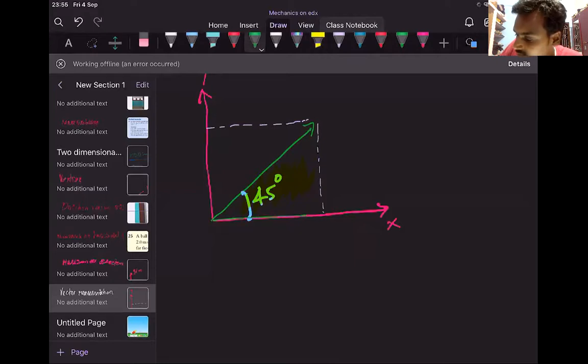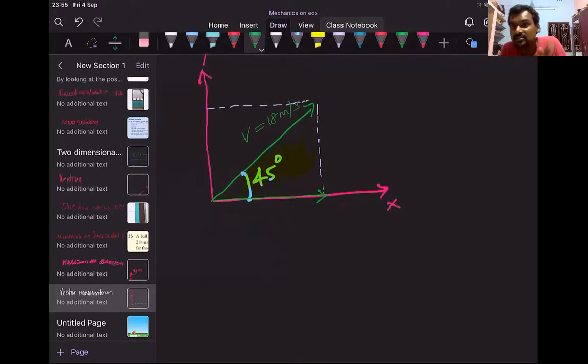That's all I need, because this is V equals 18 meters per second to be precise, and that's acting at an angle with respect to the x-axis, and my goal is to find the velocity across the x-axis and the velocity across the y-axis. If you think about it, we are just doing the opposite of what we did in horizontal projectile motion.